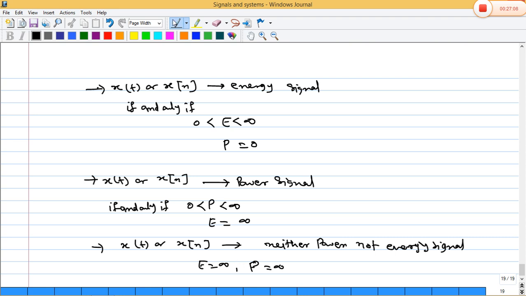So this condition, this property, is very important.